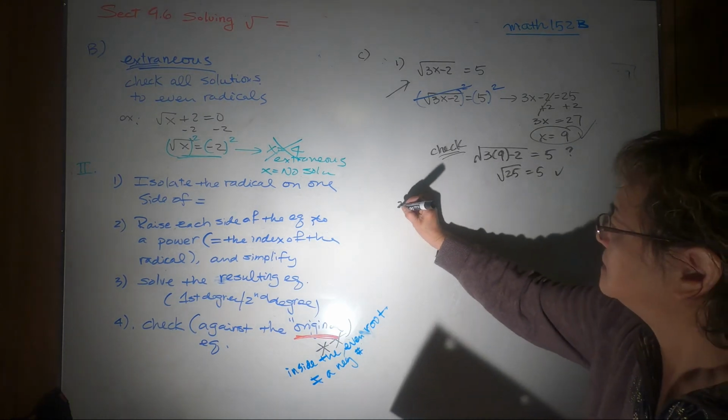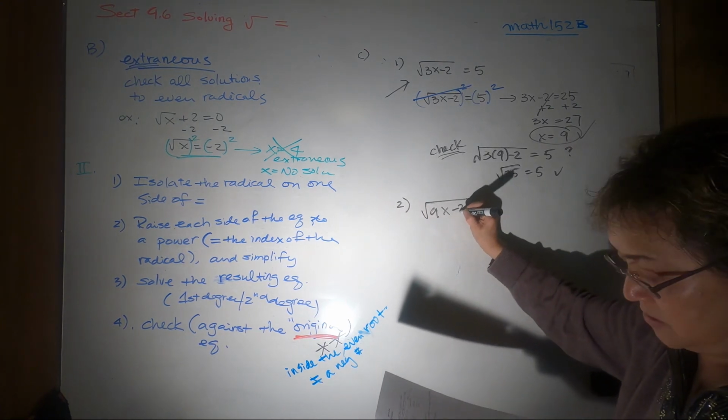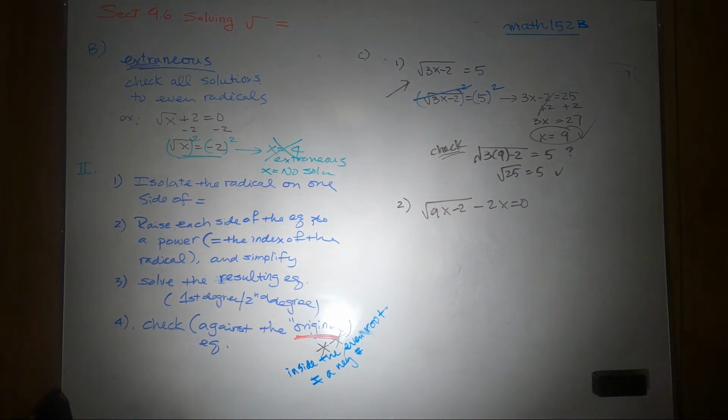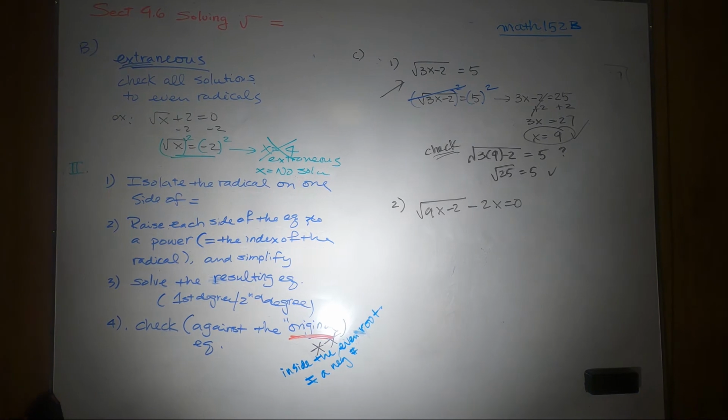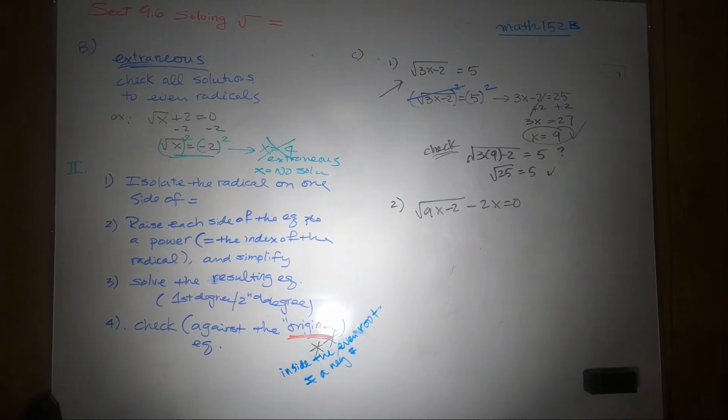Okay, then let's see the next one. If you have the square root of 9x minus 2, minus 2x equals 0. How should we start? We have to get the radical by itself.